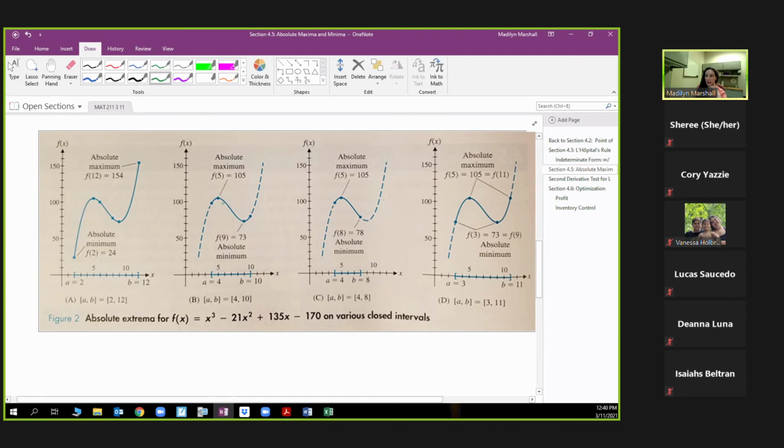But it depends on where we're cutting off that interval. On this first graph, our absolute max and min are on these ends. But if we make our interval smaller, then the absolute maximum and the absolute minimum change. So we're always looking for the very highest point and the lowest point on that interval.